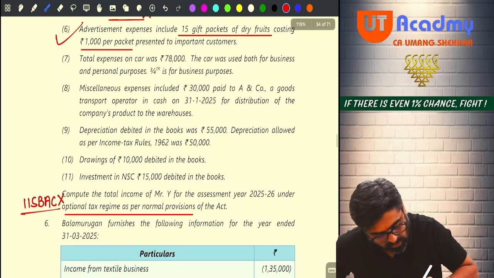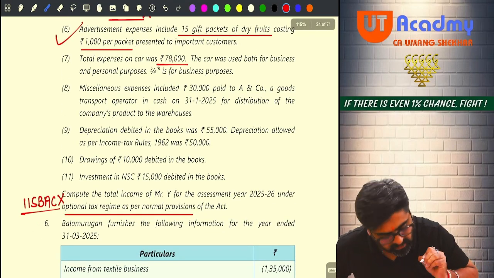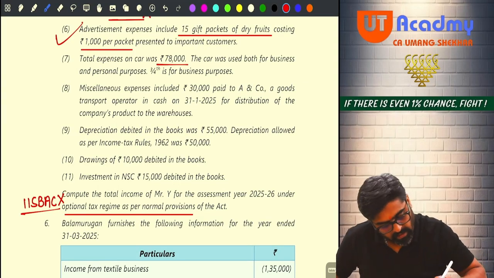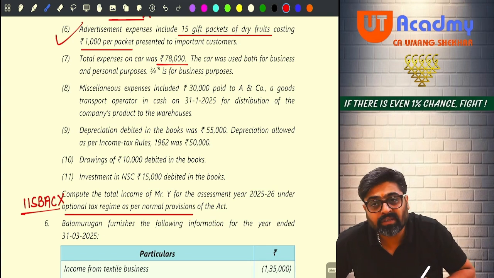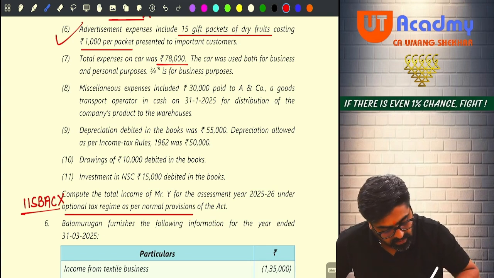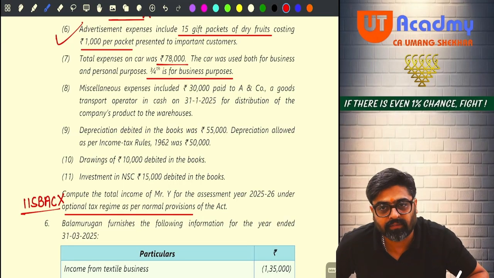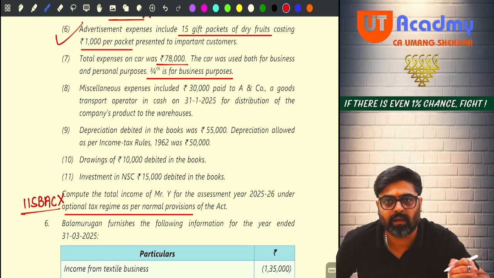Next one. Total expense on car was 78,000. So on my debit side, 78,000 car expense was there. The car was used for both business and personal purposes. 3/4 is for business purposes. Meaning 1/4 out of this 78,000 is for personal.